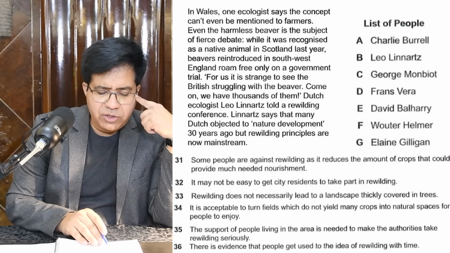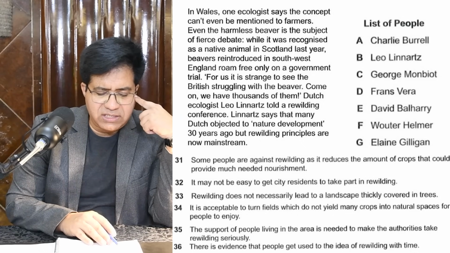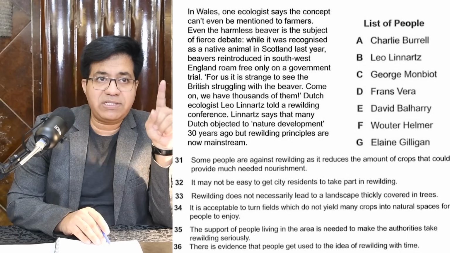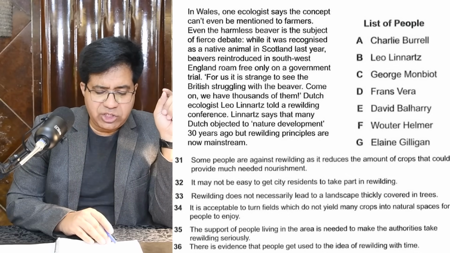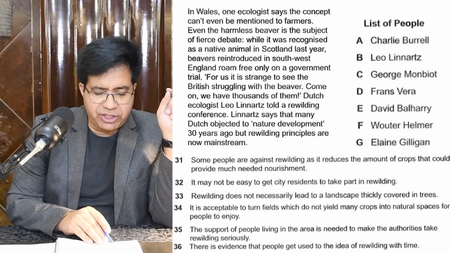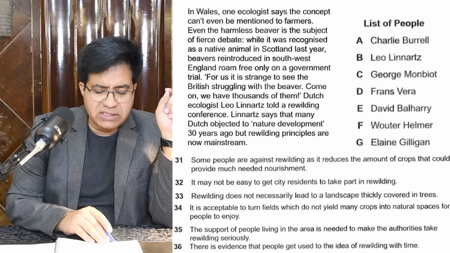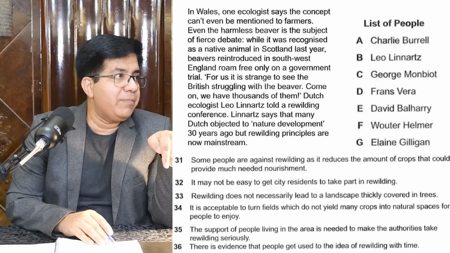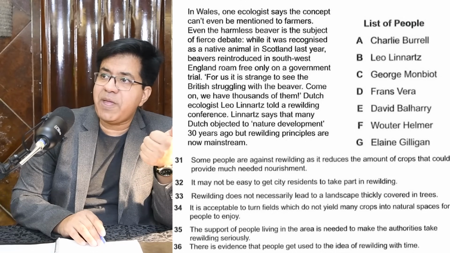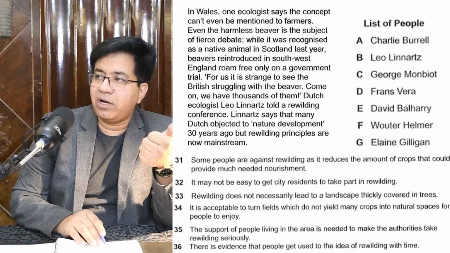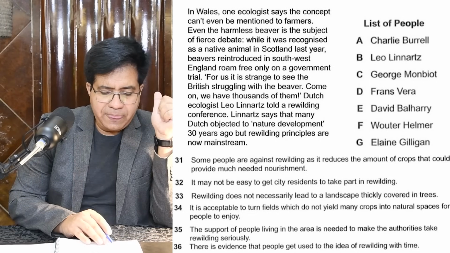Leo Lenartz told a rewilding conference, Lenartz says, now this is important, Lenartz says that many Dutch objected to nature development 30 years ago, but rewilding principles are now mainstream. Now mainstream means now they are popular. 30 years ago, people were against it. Got the point? Just read again.